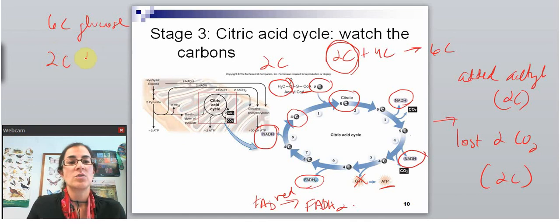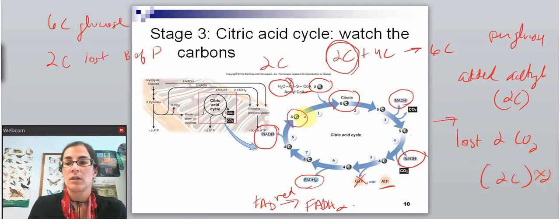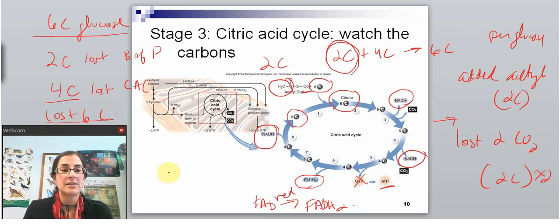I lost 2 carbons in the breakdown of pyruvate, and now per glucose, remember I have to multiply by 2, I lost 4 carbons in the citric acid cycle. So 4 and 2 is a total of 6 carbons. So I added 6 carbons from glucose, and now I've lost 6 carbons as CO2. So at the end of the citric acid cycle, there is no more carbons left from glucose.